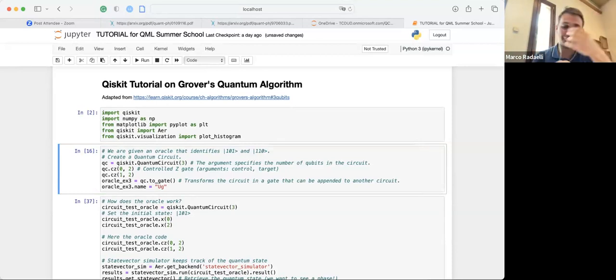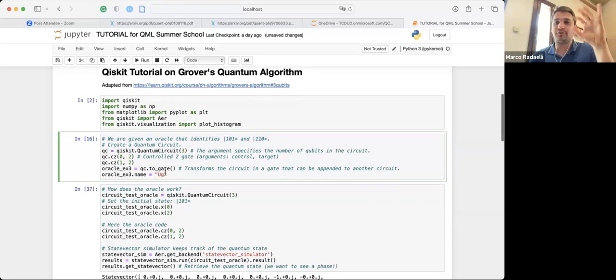So it's a bit weird maybe, but that's the game we are playing at the moment. In this case, the oracle has been designed to identify two solution states, 101 and 110, which should be 5 and 6, I guess.